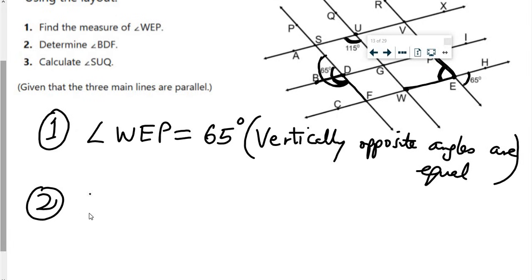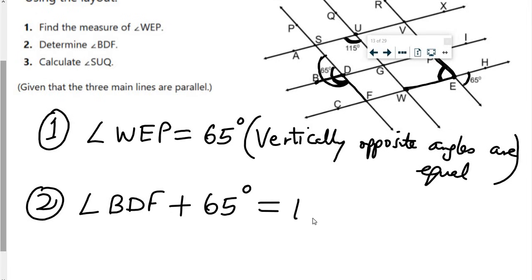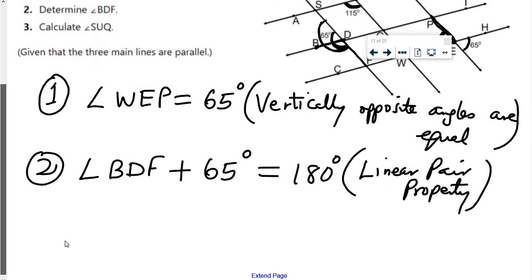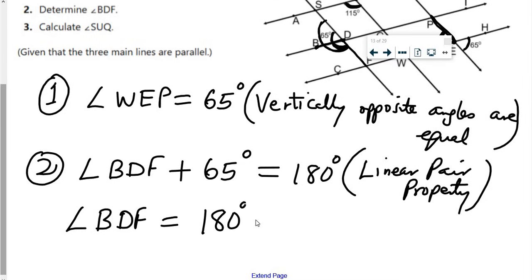So number 2, angle BDF plus 65 degrees, answer will be 180 degrees. Reason, linear pair property. Now, to find angle BDF, you will take big number 180 degrees minus 65 degrees. When you subtract these two numbers, we're going to end up getting 115 degrees.